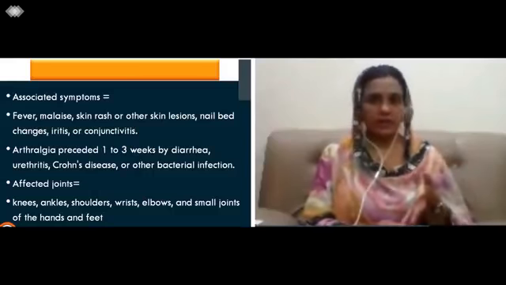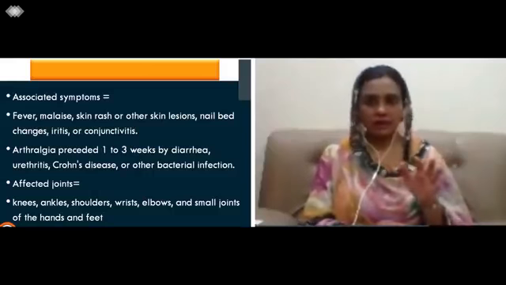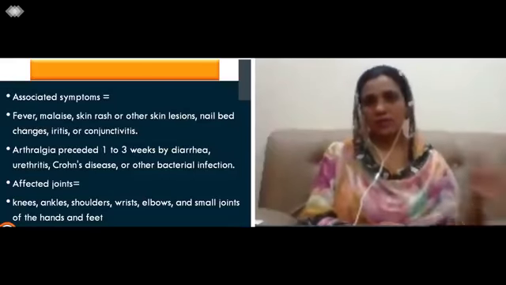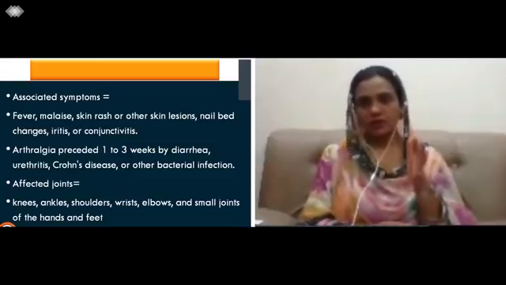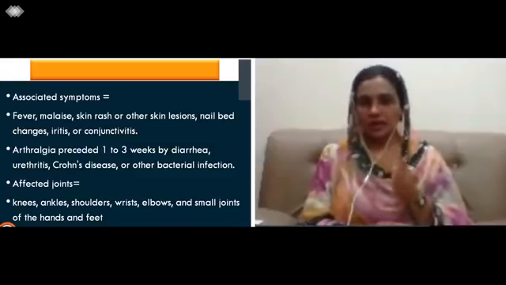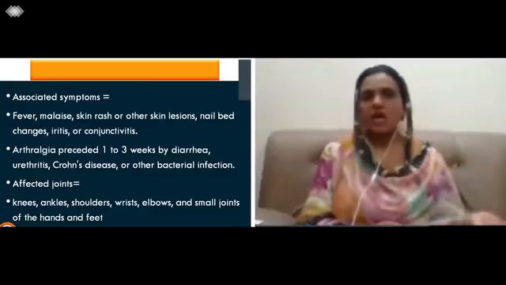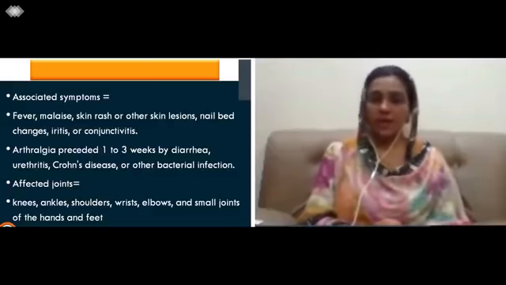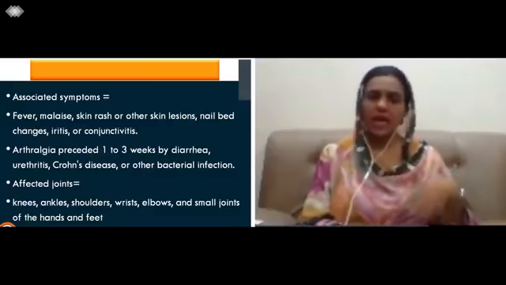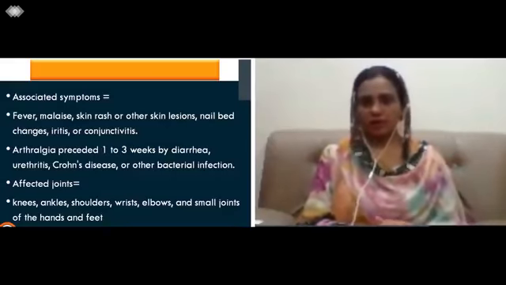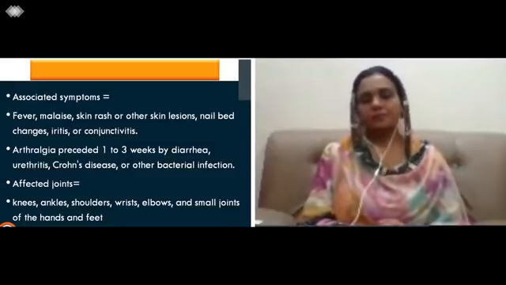We have already discussed that bacterial infection, or any kind of infection in the last 6 weeks, is a very important history and a red flag sign. So here the patient has arthralgia, but in the past 2 to 3 weeks, the patient may have first developed diarrhea or Crohn's disease. Actually, any inflammatory or infectious disease can be there.